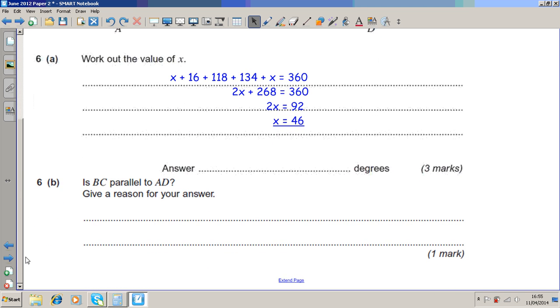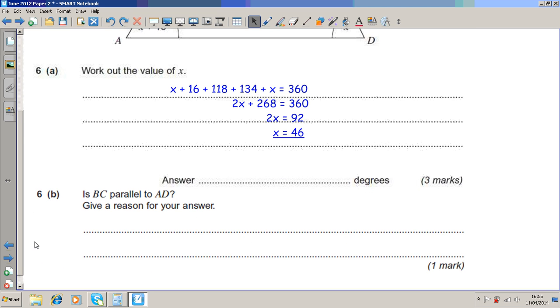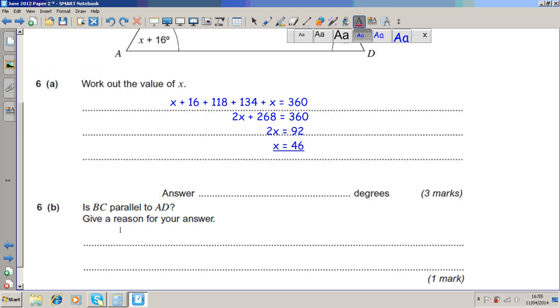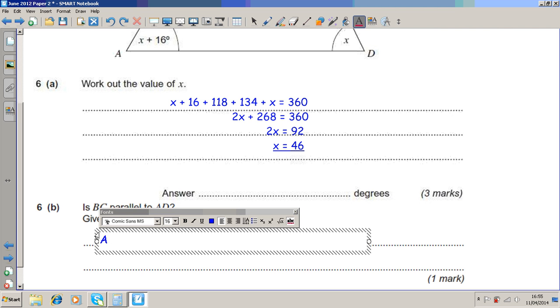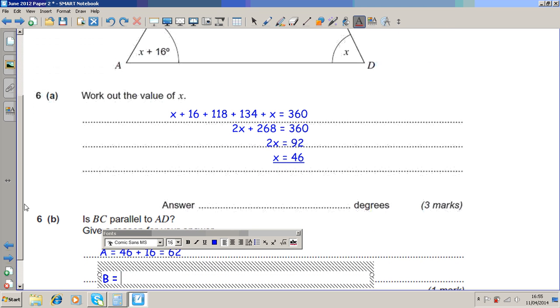6b. Is BC parallel to AD? Give a reason for your answer. I'm going to work out A equals, well, that's 46 plus 16, which is 62. I'm going to work out B. Well, B is 118.